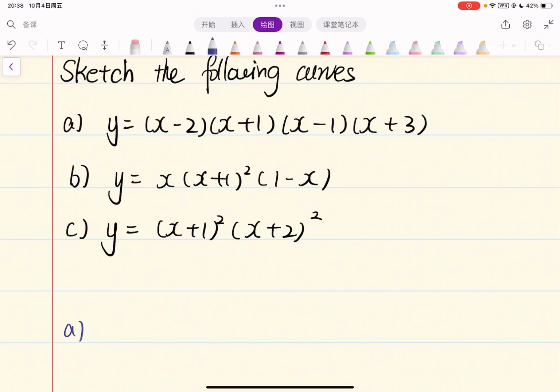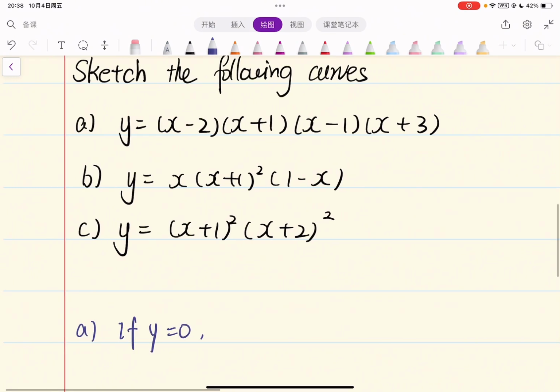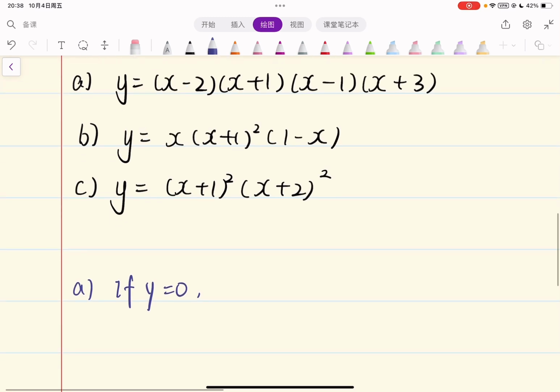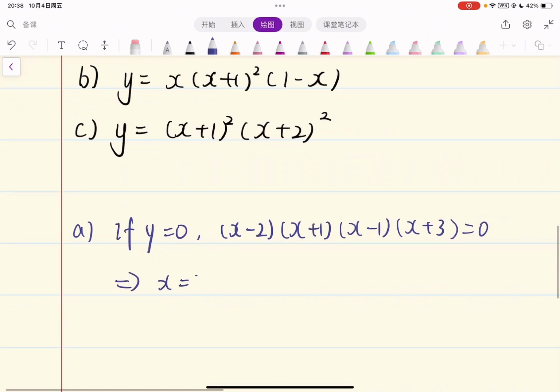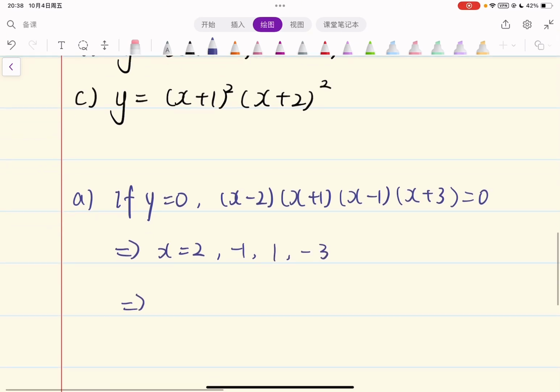If y equals 0, this implies (x minus 2)(x plus 1)(x minus 1)(x plus 3) equals 0, so x equals 2, minus 1, 1, or minus 3.